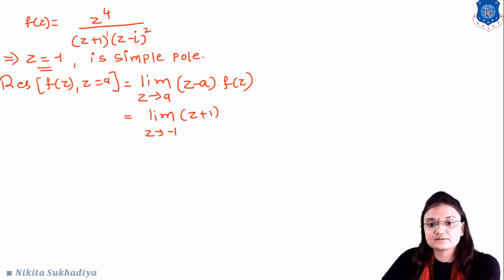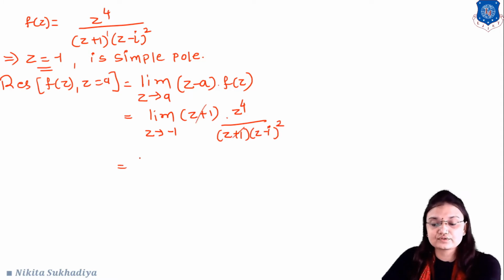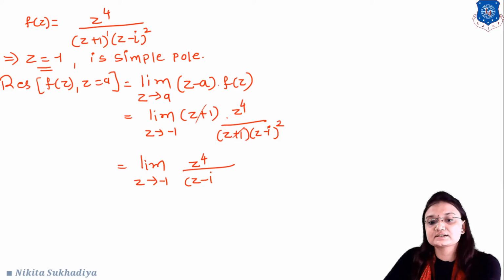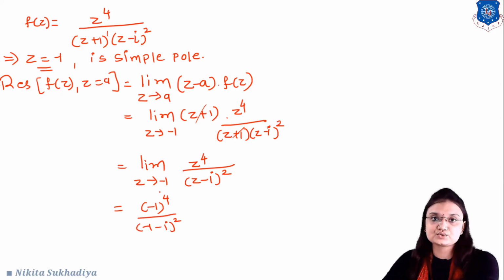This will become z plus 1, and our function is z raised to 4 upon (z plus 1)(z minus i) raised to whole square. These cancel out, so we get the limit as z tends to minus 1 of z raised to 4 upon (z minus i) raised to whole square. Now put z is equal to minus 1: this becomes minus 1 raised to 4, and minus 1 minus i raised to whole square.